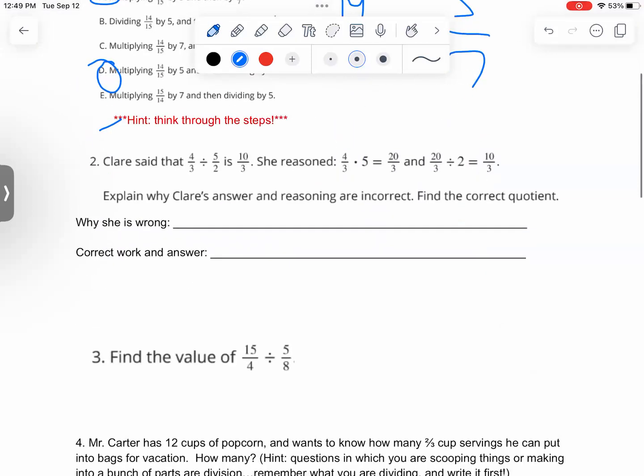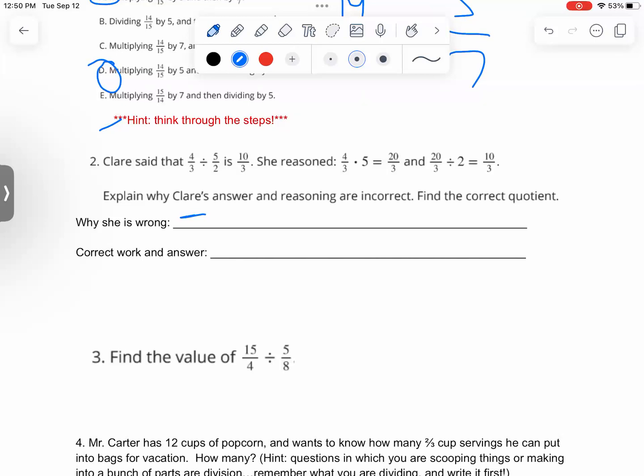The second one says Claire said that 4/3 divided by 5/2 is 10/3. She reasoned 4/3 times 5 is 20/3, and 20/3 divided by 2 is 10/3. So what Claire has done here, why is she wrong? Well, she's wrong because she did not flip and multiply by the reciprocal.